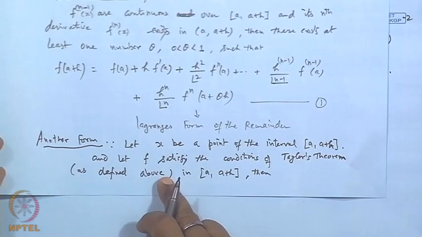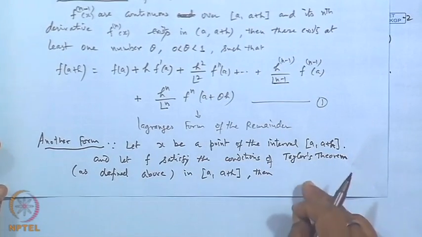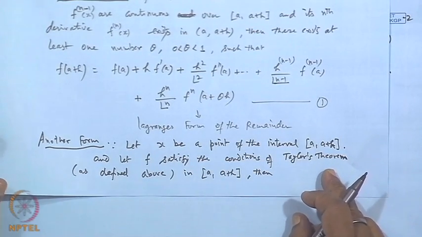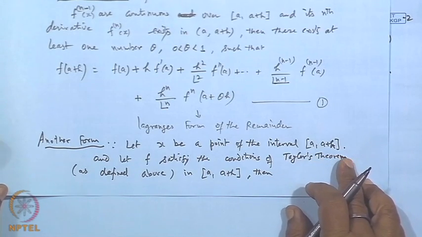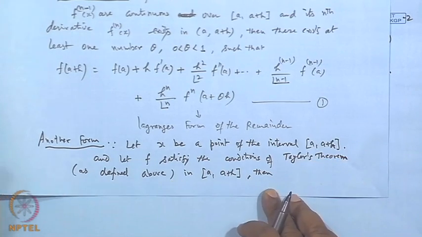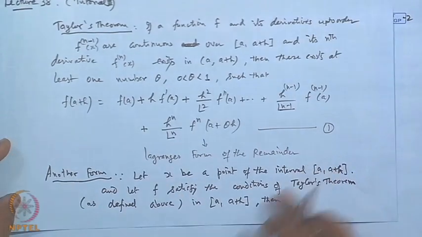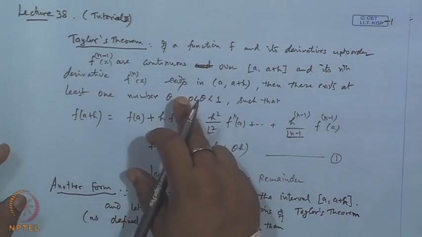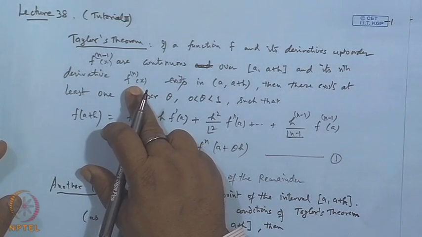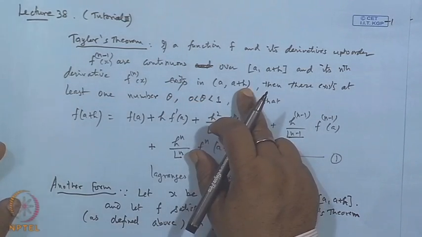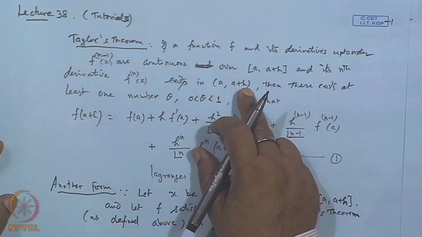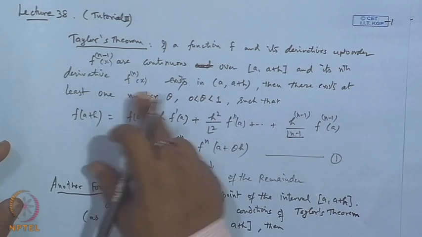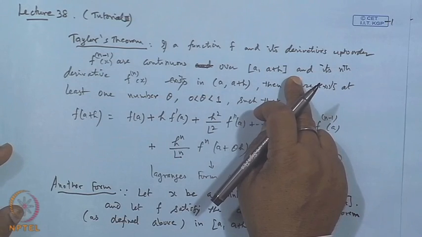The function is continuous throughout. Its derivatives up to order n minus 1 are continuous over the closed interval a b, and f n plus 1, f n exist. It means they are also differentiable over the open interval a b. When we say f n exists, it means the derivative up to order n exists in the open interval a to a plus h, and they are also continuous over the closed interval a to a plus h.